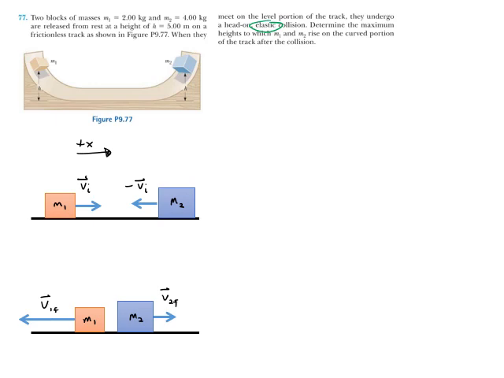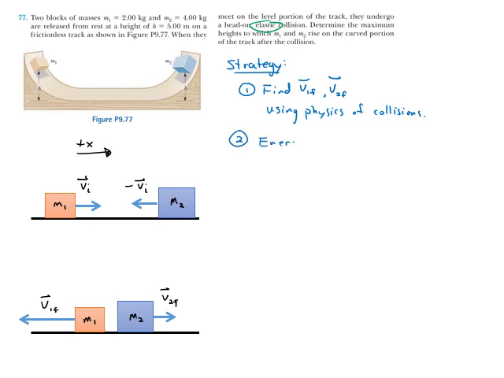So our strategy is to first find v1f and v2f using the physics of collisions. And then we can go back and use energy, just like we did on the previous slide.